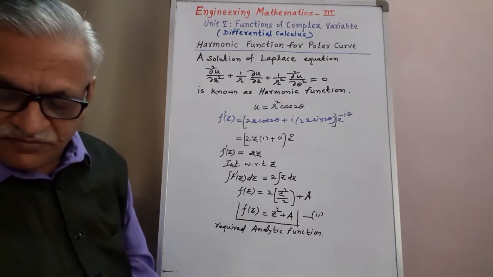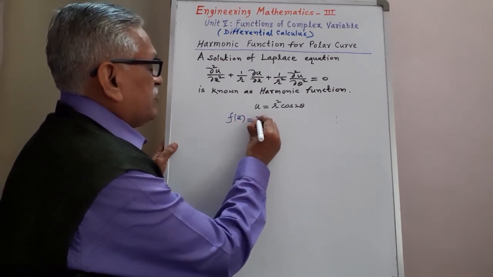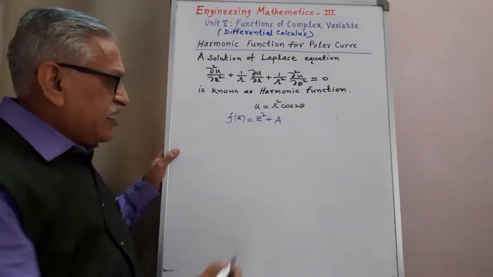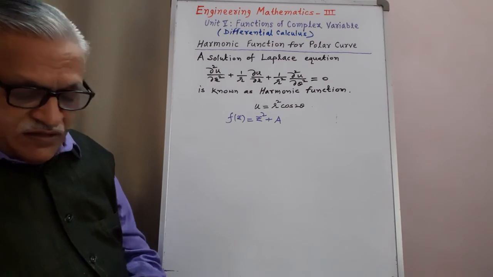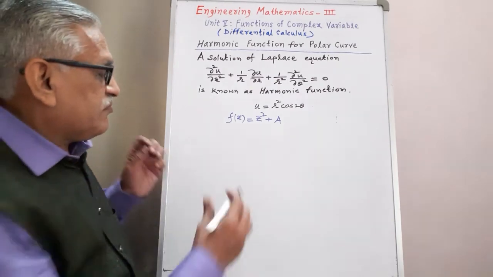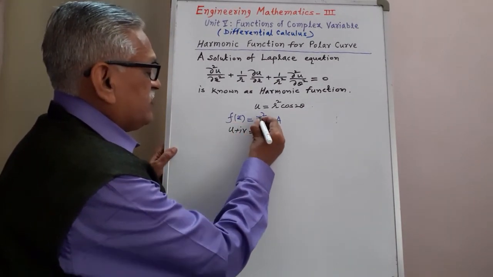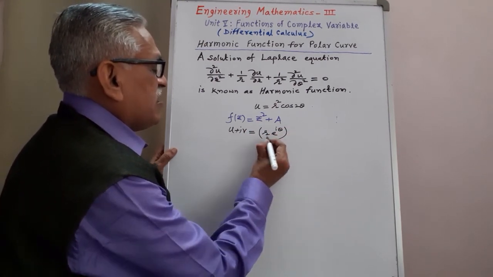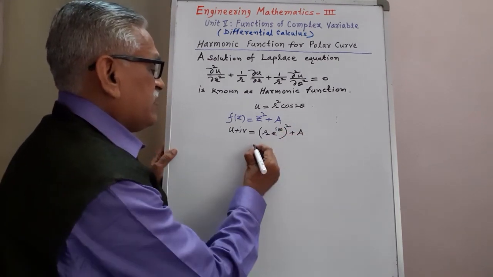And for that we have f of z is equal to z square plus e. We substitute the value of f of z as u plus iv, the general form. Z means r e raised to I theta, and its square plus constant of integration e.